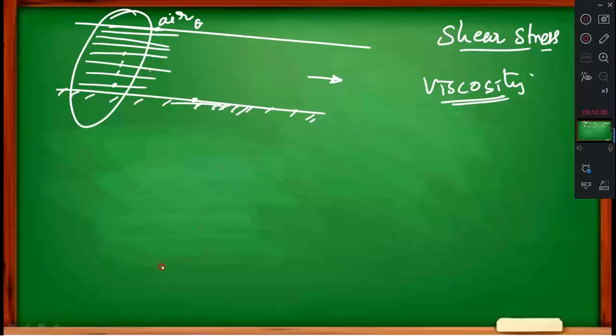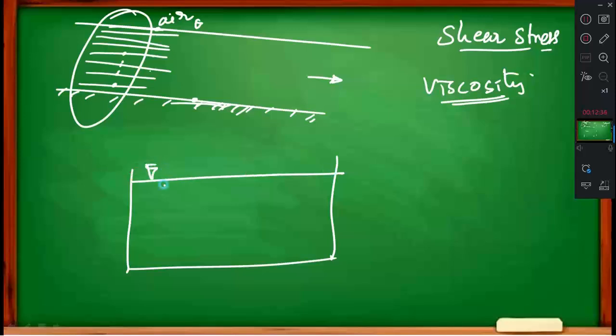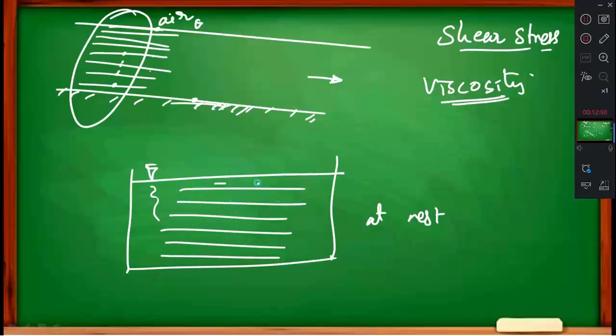Now, when the fluid is at rest, see, this is a water tank, and here the fluid is at rest. Then we will not make the assumption that the fluid is in many layers. No, this is a wrong assumption, because it is not moving.